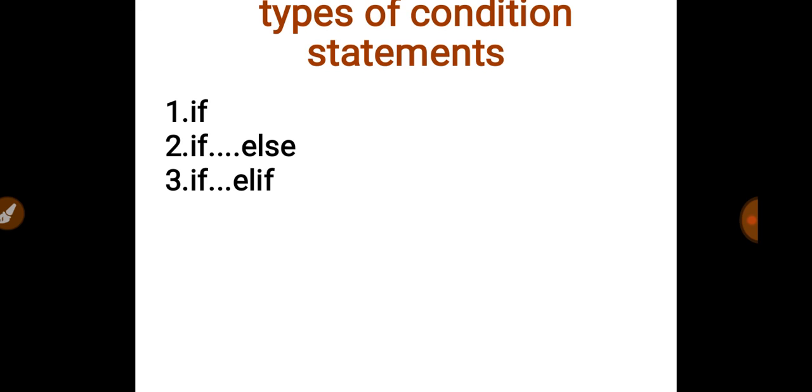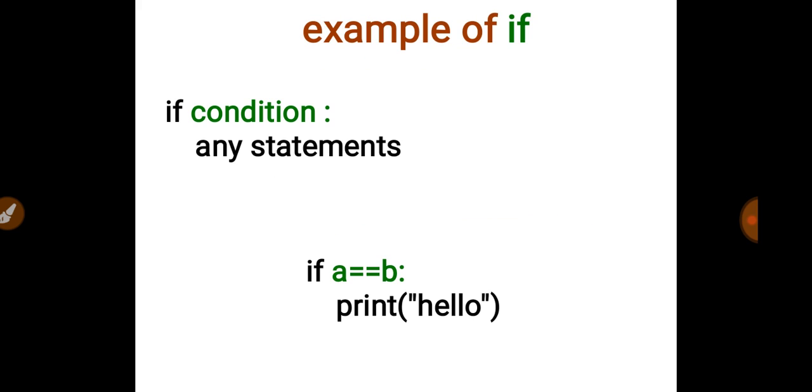In today's class we will discuss the top two condition statements, that is if and if else, and in the next classes we will discuss the third category, if elif or ladder if else, in detail.